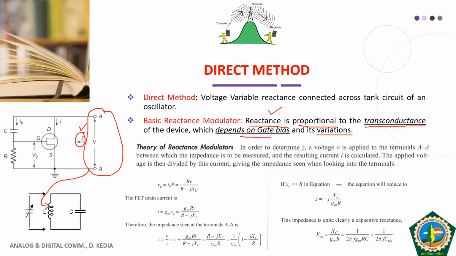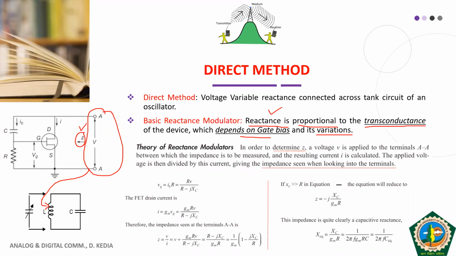But primarily we will take the capacitance part, because that is comparatively easier to analyze, and our job will be done whether the capacitance varies or the inductance varies. Variation in inductance is much more difficult to analyze.